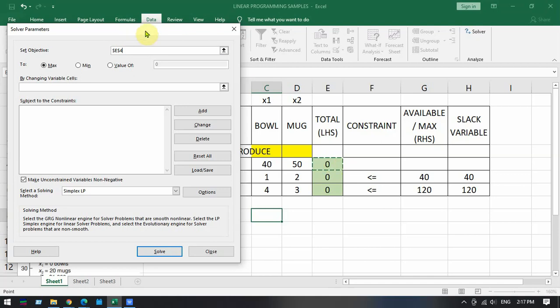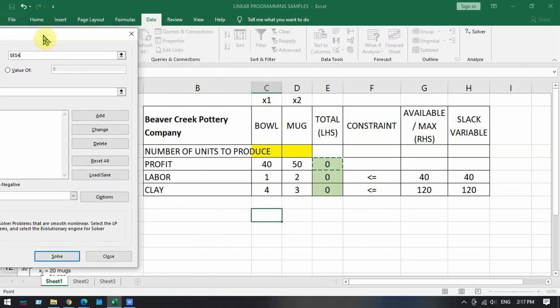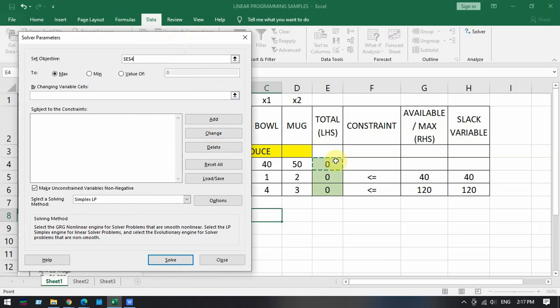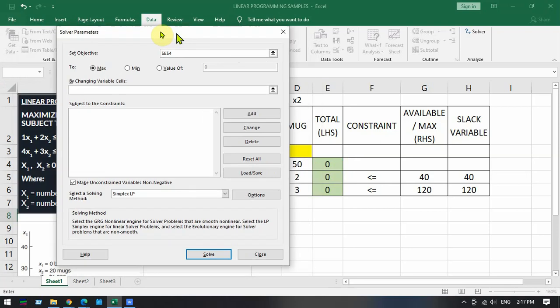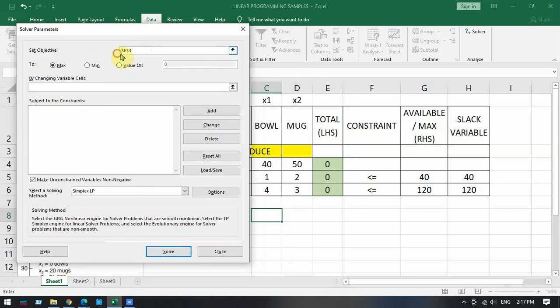So let me just move it a little bit. So this is our profit and this is our total profit, right? So we want to find this, our maximized profit. So we just click that so that we get the cell number in here.